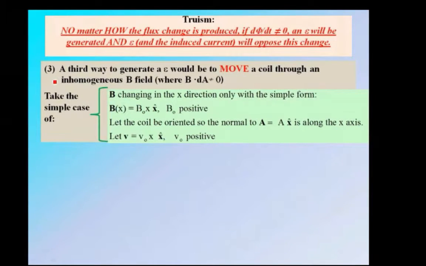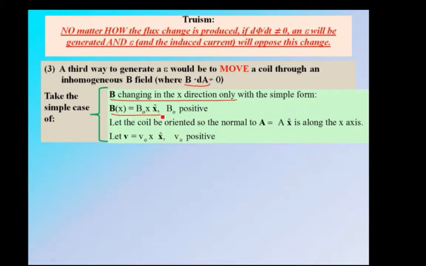So a third way to generate an EMF would be to move a coil. So now we're moving the coil through an inhomogeneous B field. To make this interesting, we want the orientation of the coil to be such that B dot dA is unequal to 0. So let's take the simple case where we have B changing in the x direction only, and it has a very simple form.